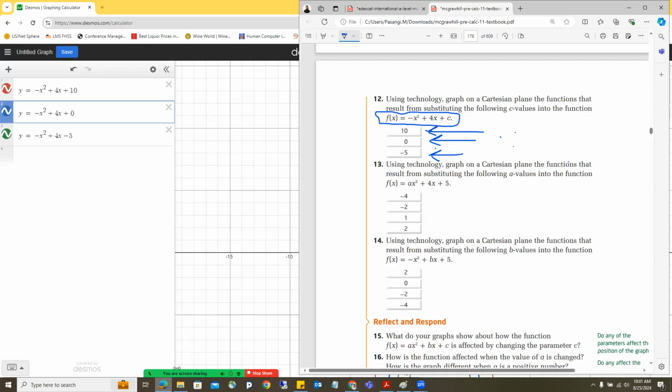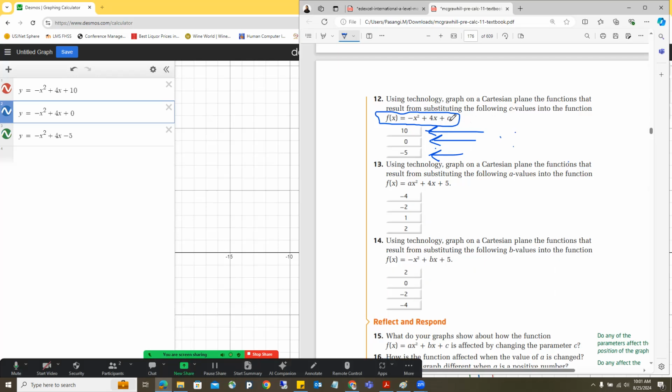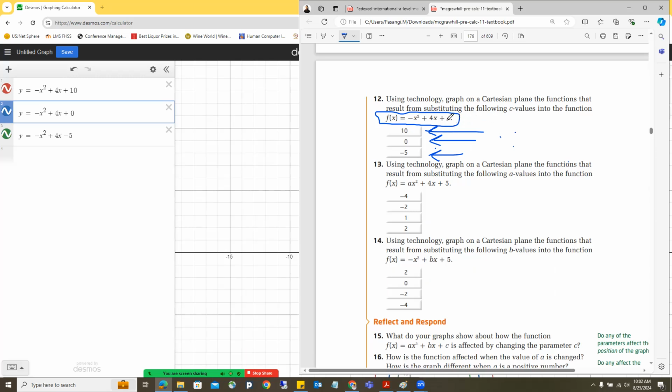Okay, so that's what happens when we change the c value, which means the constant value. Is it clear?